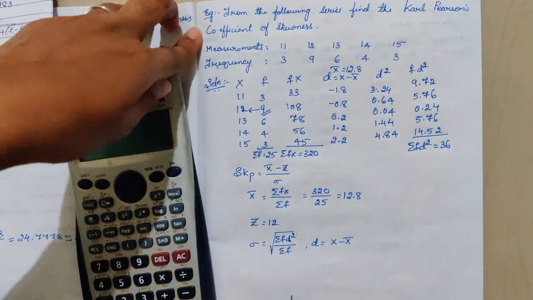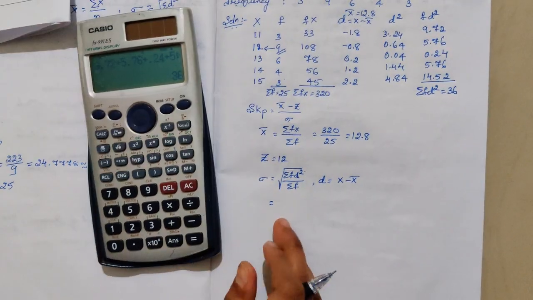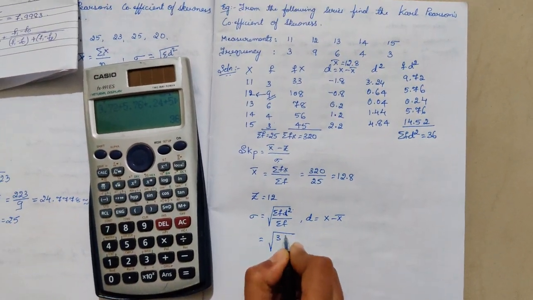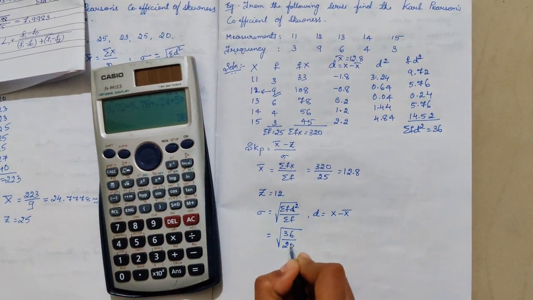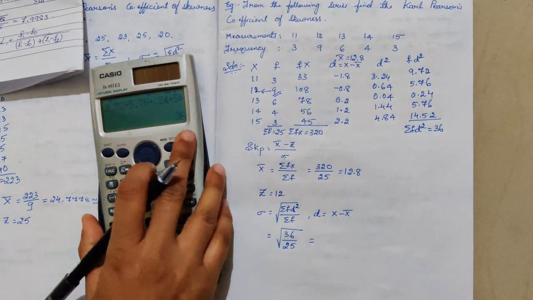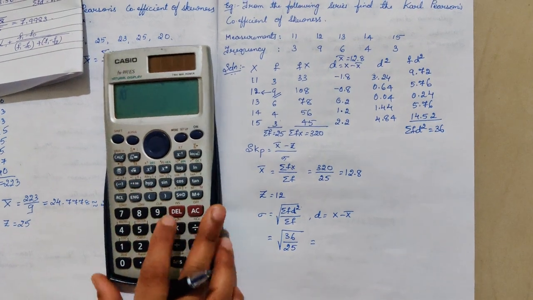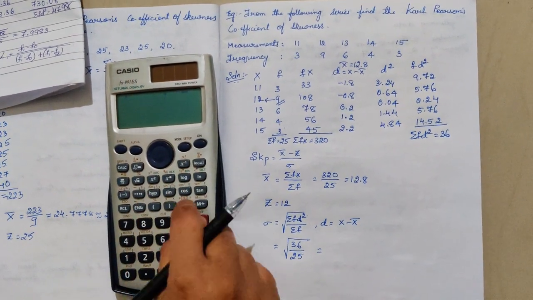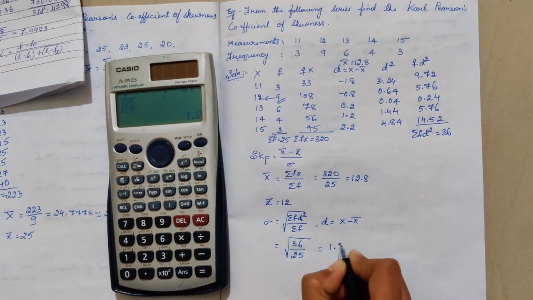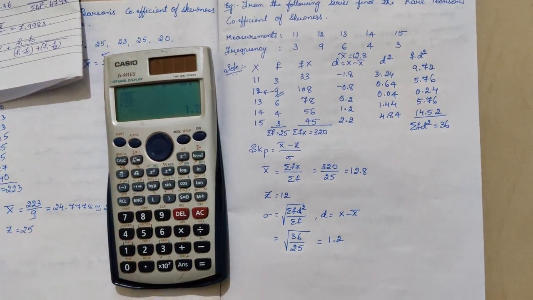Substitute in the formula. Sigma equals root of 36 divided by summation f, which is 25. So 36 divided by 25 is 1.44, and its root is 1.2. So we have got all the values.